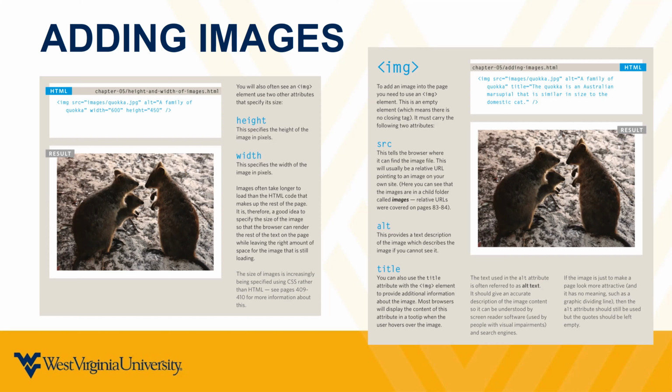So you're just telling it to grab the image from images slash quokka, from the folder images. If you guys are still confused on that, when we come around, I can show you exactly where the images are hosted and how it's pulling. But essentially, that source is just saying where we're getting it from.